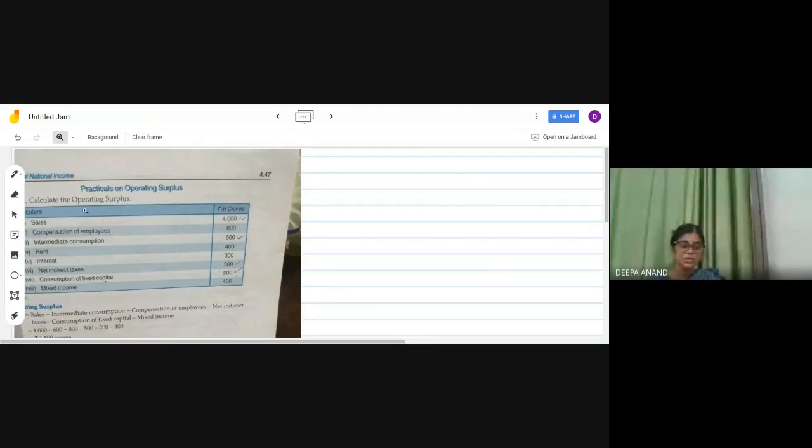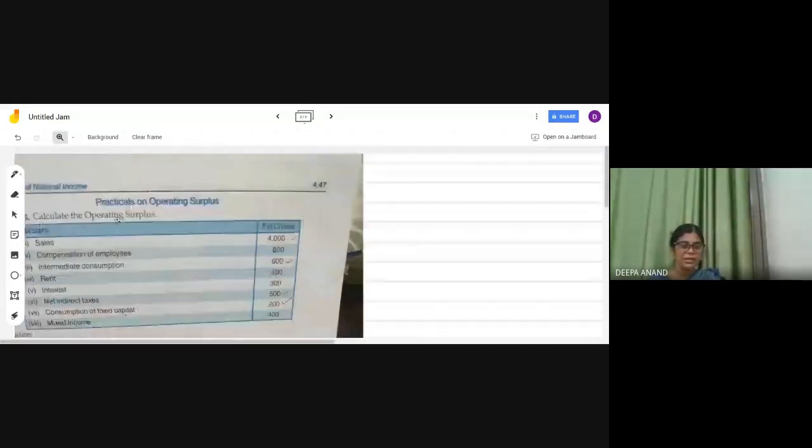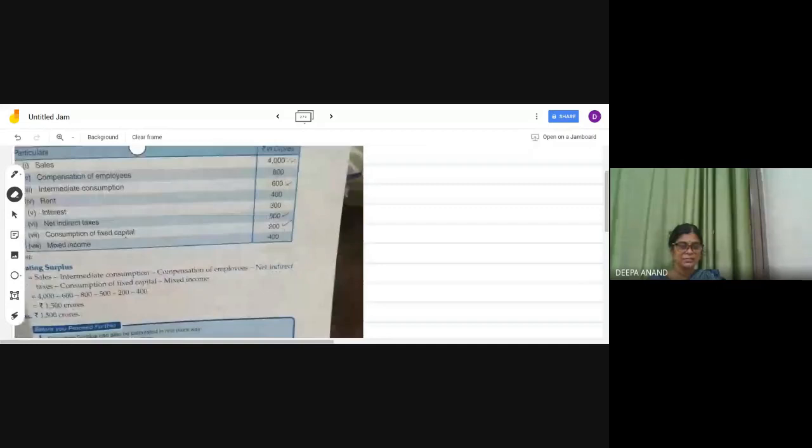I had told you that equation for this purpose. See there, calculate operating surplus. What is given? Sales 4,000, compensation 800, intermediate consumption 600, rent 400, interest 300, net indirect tax 500, consumption of fixed capital, mixed income. And you are asked to find out only operating surplus.